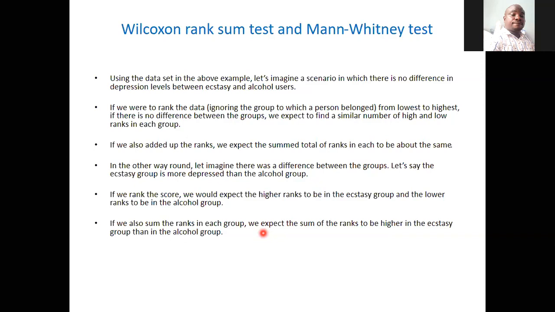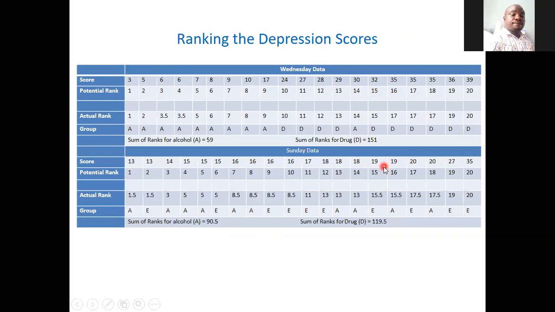If we sum the ranks in each group, we expect the sum of the ranks to be higher in the drug users because the depression is higher there. But if it's the same, the difference will not be much. That's the logic. Can you see that? Look at the same data set now. Look at the way it is put on the table.